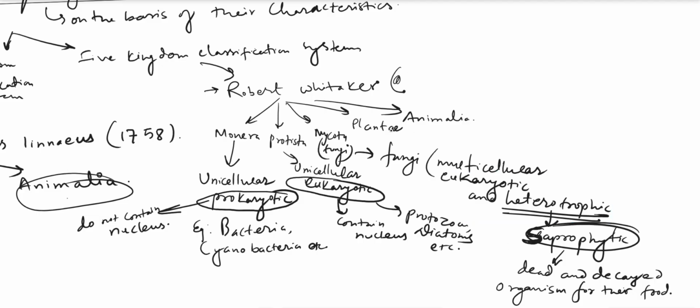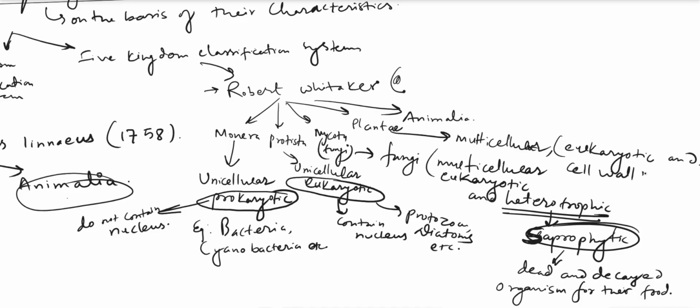Now the next one is plants. All the plants are eukaryotic multicellular organisms with a cellulose based cell wall. They contain all the organisms which are multicellular, eukaryotic, and contain a cell wall.